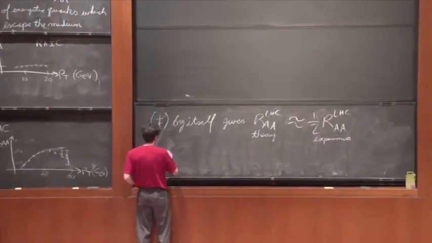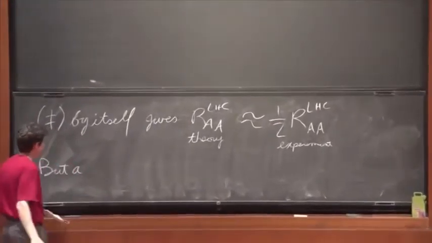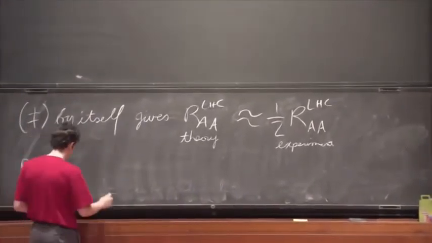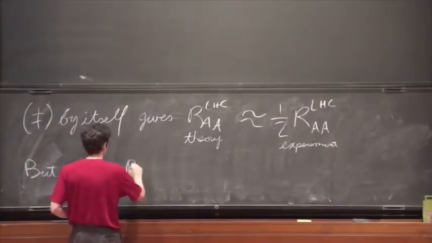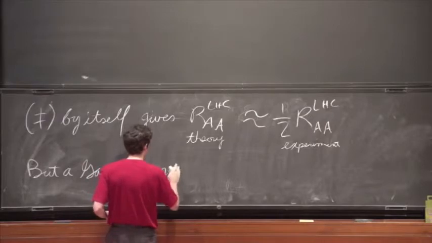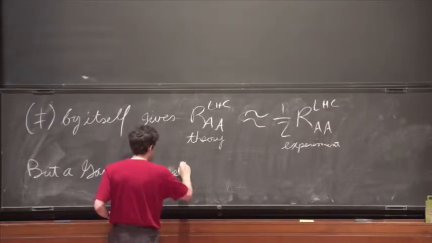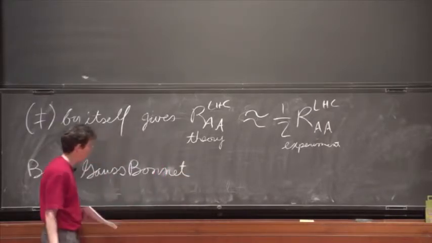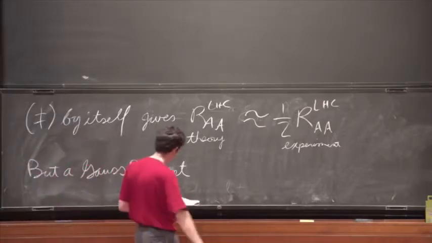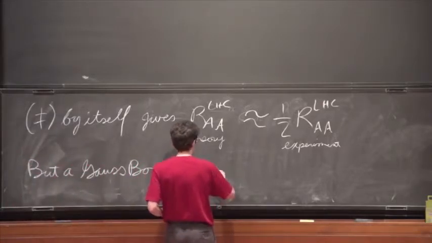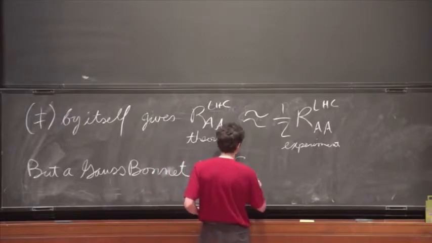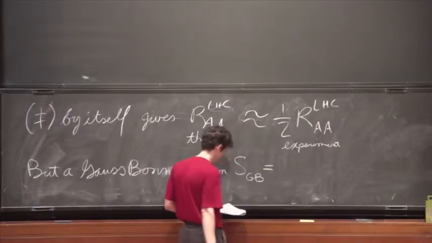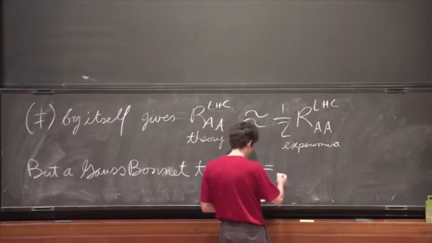And so it is comforting and interesting that if we modify the bulk theory from the lowest derivative Einstein gravity that we used so far by adding a Gauss-Bonnet term, then everything's going to work.